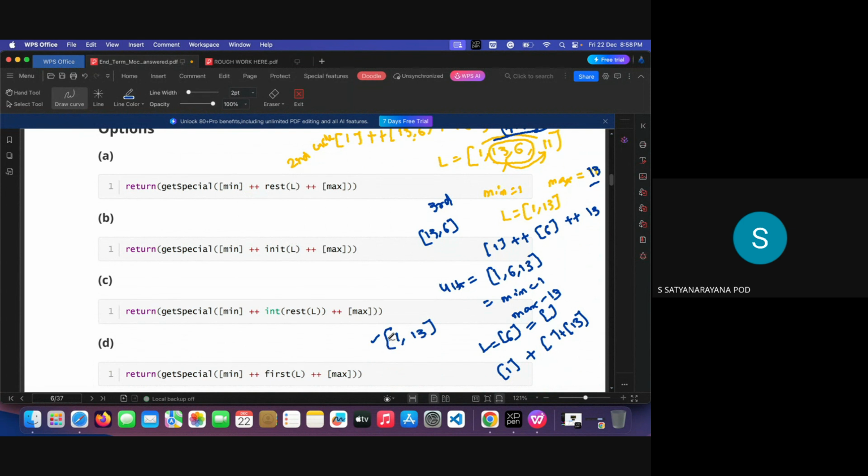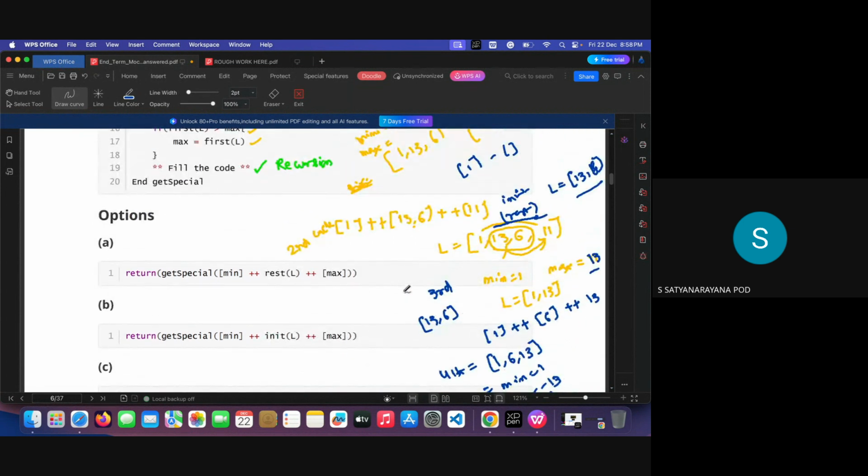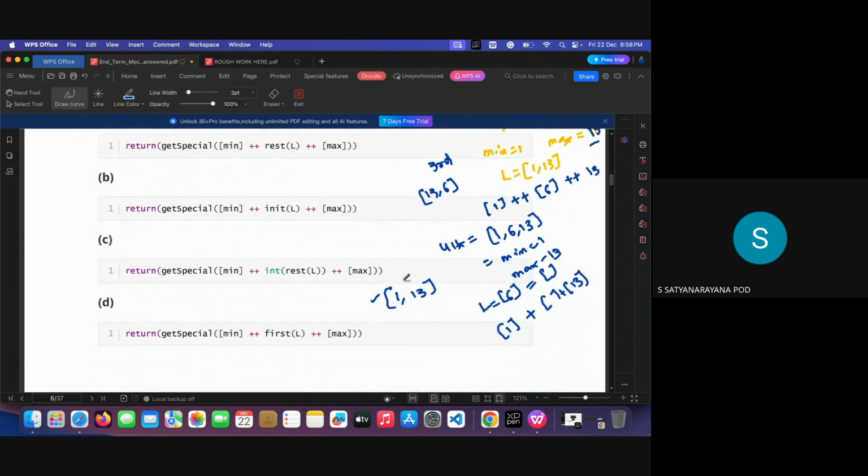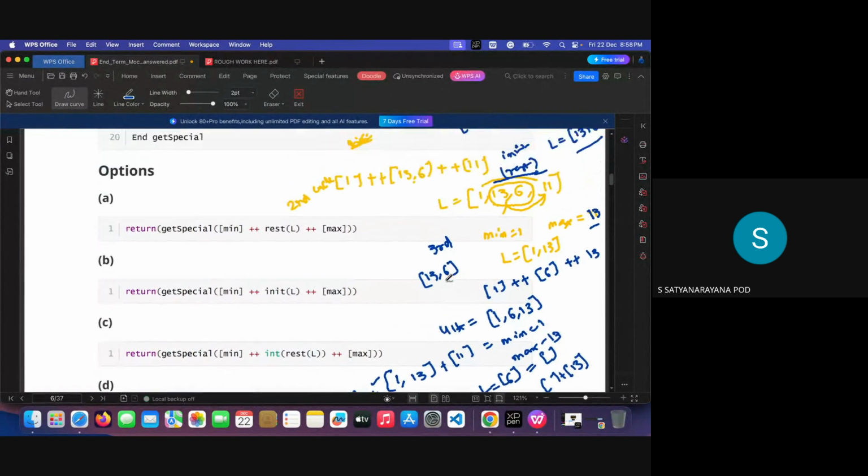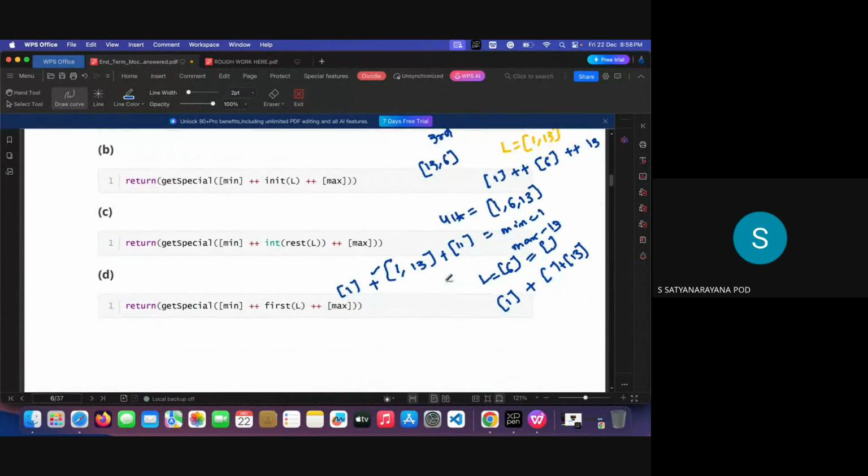So min is already available with 1. This one is added. And max is already added with 11. Fine. So after this call, this list looks like 1, again 1, again 13, again 11.